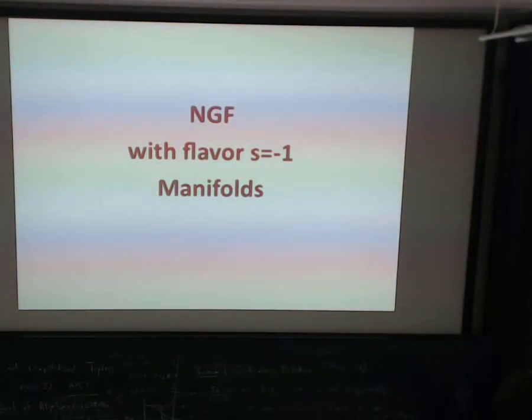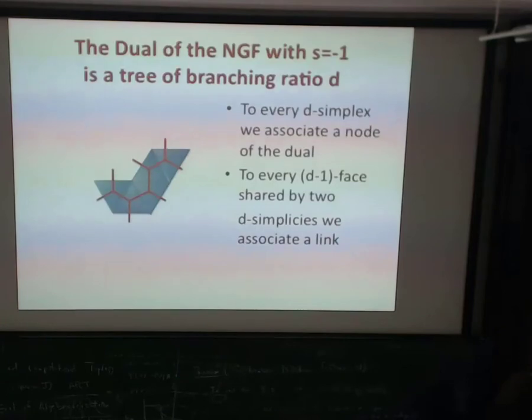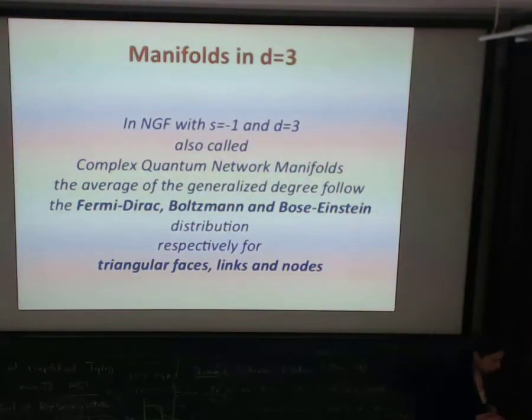And so for s equal to 1, for this manifold, we note that our construction has a dual. This is quite interesting, because for NGF, we observe that as long as beta is not too high, so for an expansion at high temperature, a low beta, the average of the generalized degree follows the Fermi-Dirac, the Boltzmann, and the Bose-Einstein distribution, respectively, for the different phases: for triangular phases, for links, and for nodes.